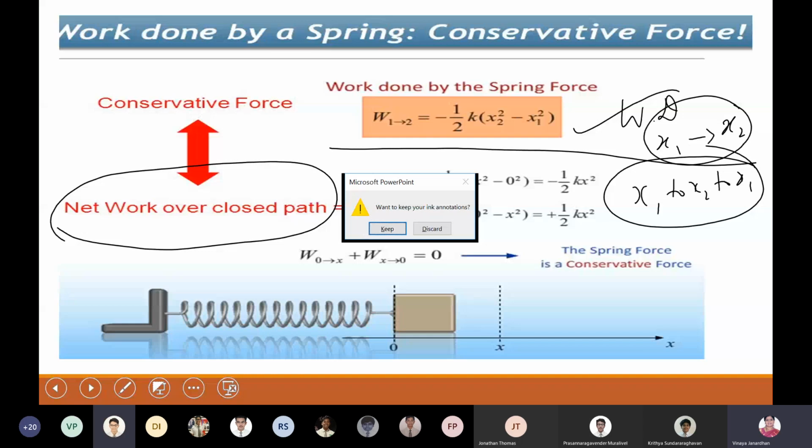Ma'am, could you move that thing? We cannot see it. We can see ink in on it. No, you can't see. This PowerPoint is not visible, boys. Ma'am, No, it's stuck. Stuck, ma'am. And the Microsoft PowerPoint want to keep your ink annotations, ma'am. Just close that. 1 second, it's not working. It's stuck, ma'am. Slide. One second. Now, is it fine for you now?